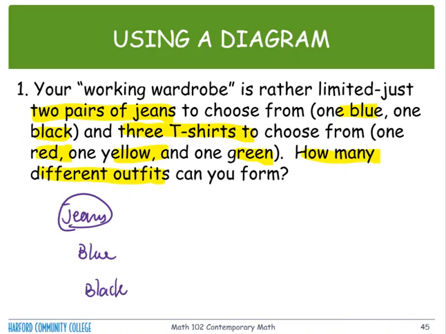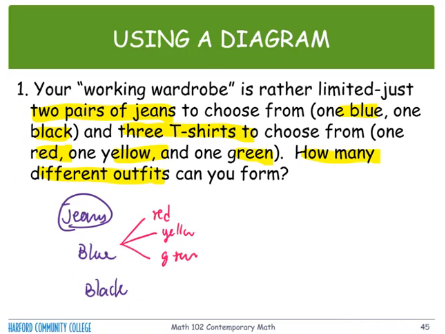And then for each color of the jeans, for each pair, you have three choices for the t-shirt. So you can wear blue jeans with the red t-shirt, yellow t-shirt, or the green t-shirt.